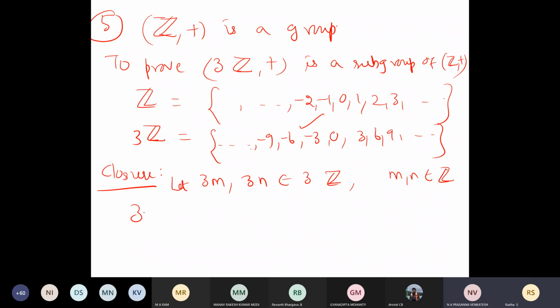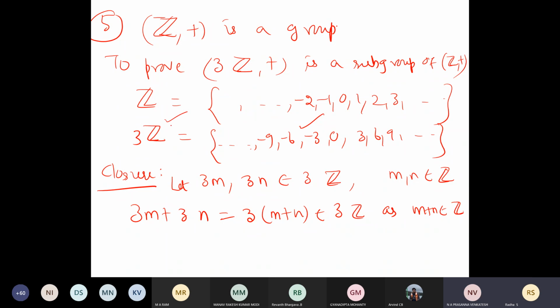You have to prove that 3m plus 3n is also there in 3Z. I can write 3m plus 3n as 3 into (m plus n). Will it belong to 3Z? Yes, ma'am. It belongs to 3Z as m plus n belongs to Z, correct?